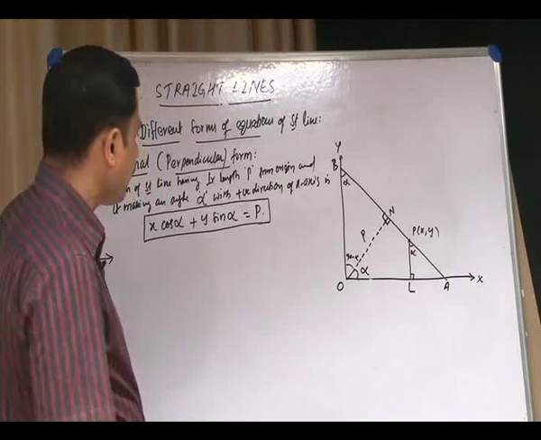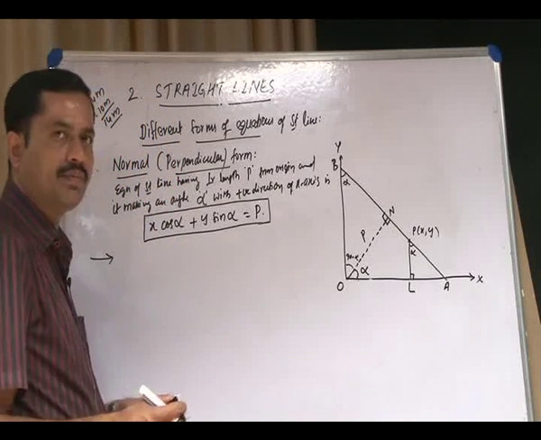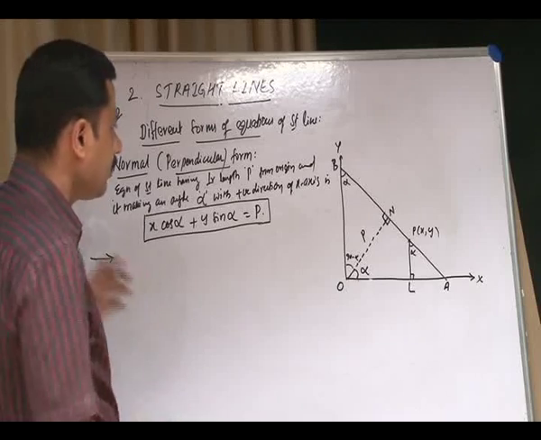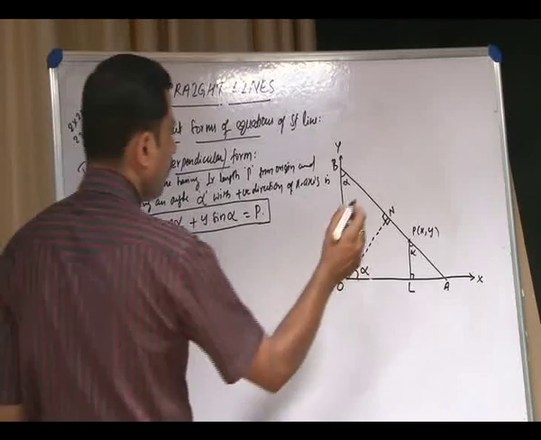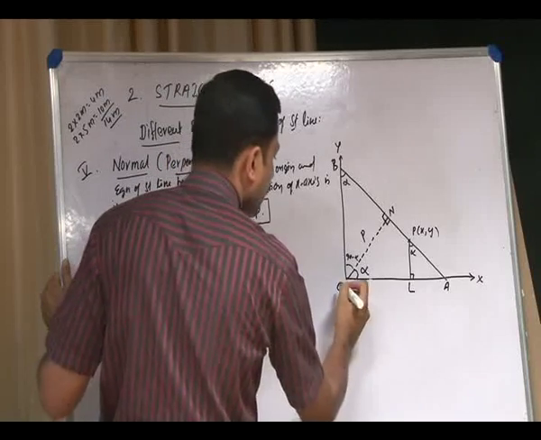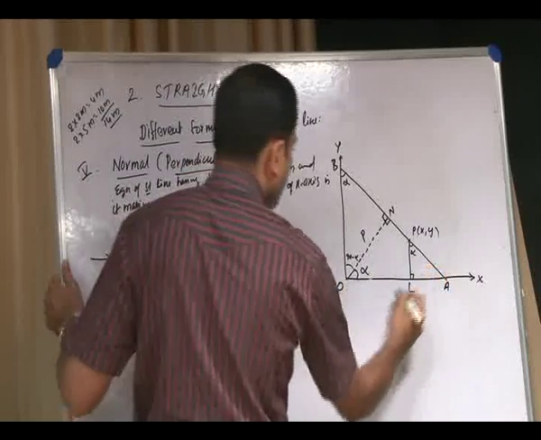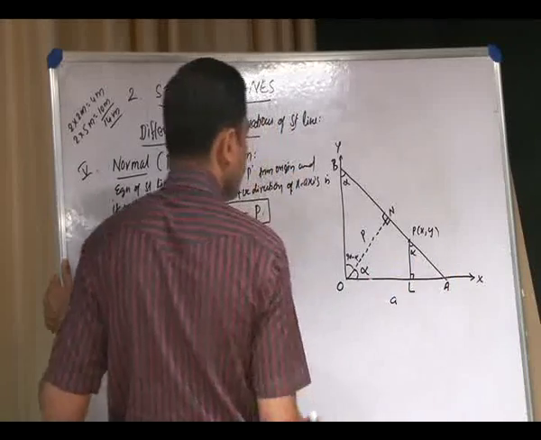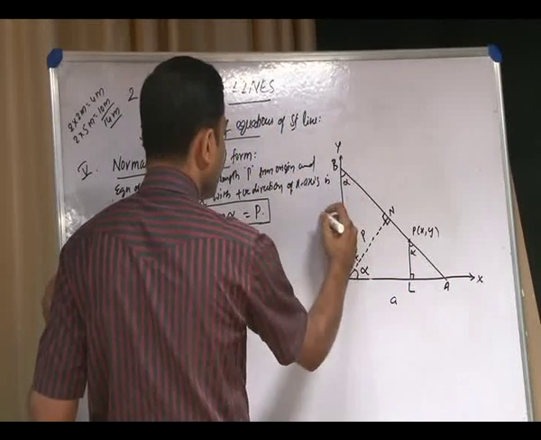So by using this figure you are going to derive this relation. Say the line AB cuts off the x and y axes at A and B respectively. Then OA is the x intercept of this line, and OB is the y intercept.